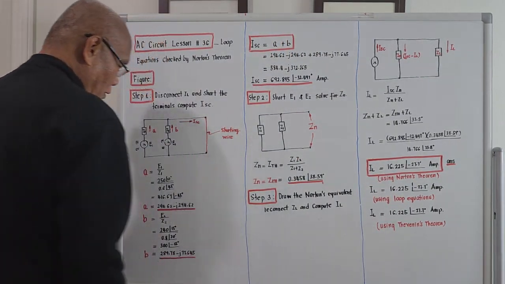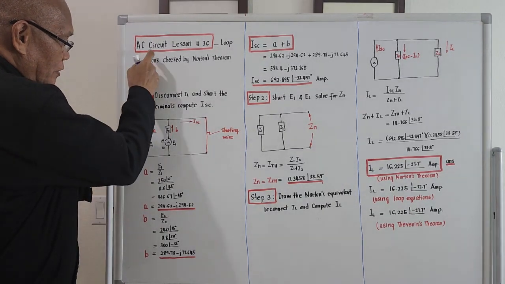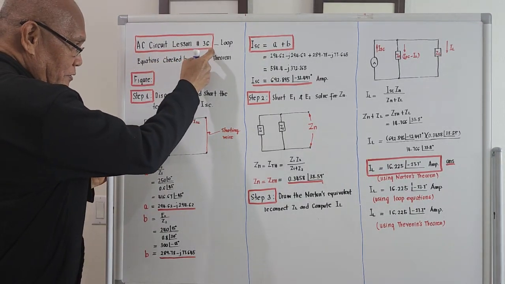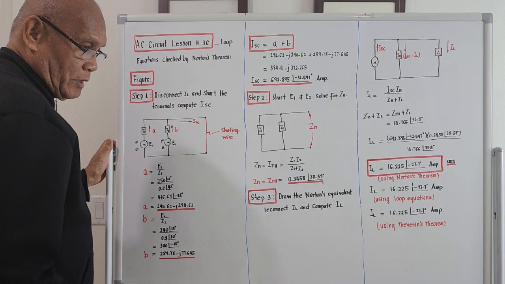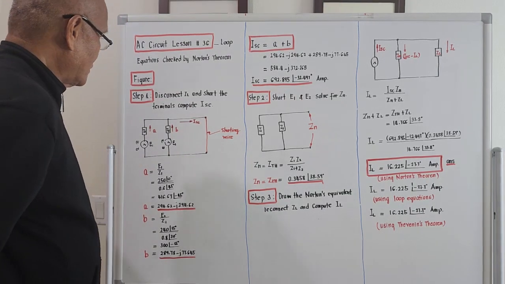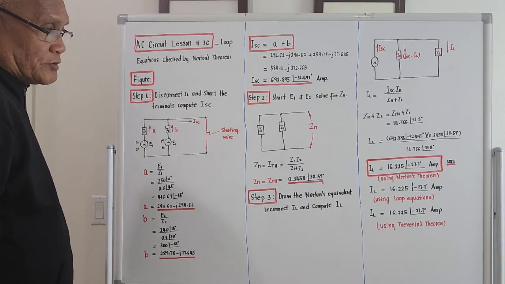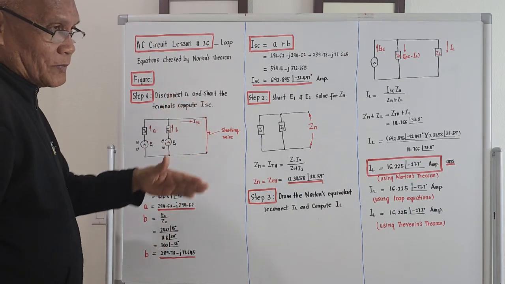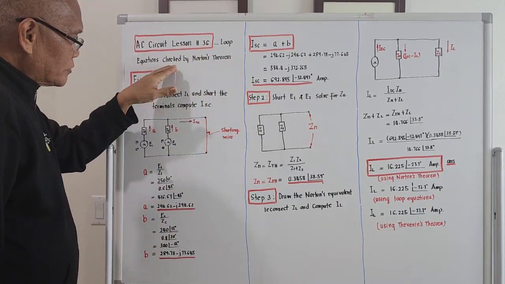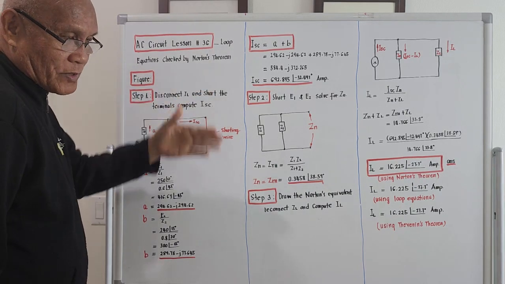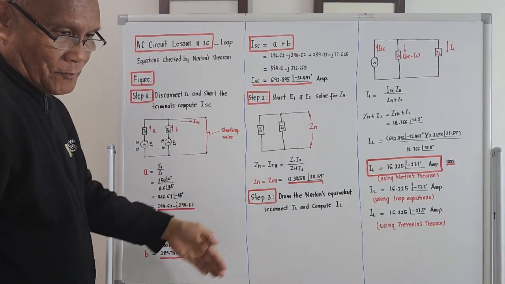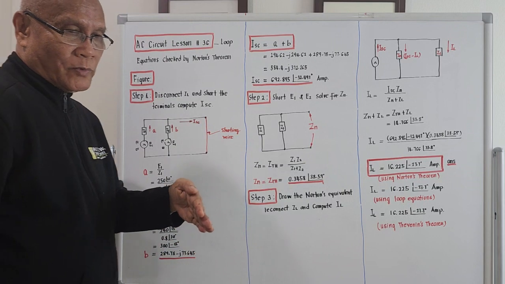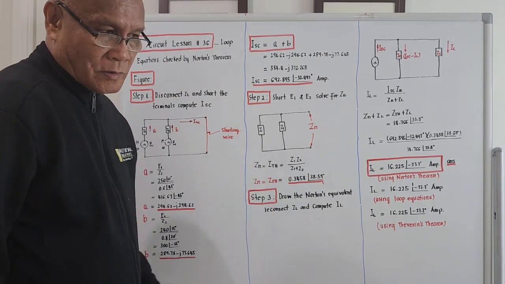The topic for this morning will be alternating current circuit. This will now be lesson number 36. The title of the topic is the same as from the past lesson 35: loop equations checked by using Norton's theorem. We are given a problem, we solve it using loop equations.